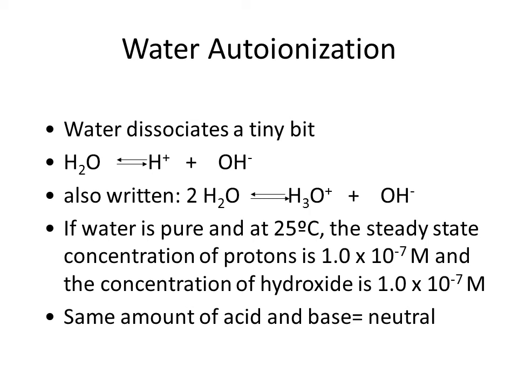But there is a steady state concentration of protons of 1 × 10⁻⁷. Because one hydroxide is made for every one proton that is formed, the concentration of hydroxide is also 1 × 10⁻⁷ molar. The concentrations of protons and hydroxide are the same in pure water, and so it is neutral. It is neither an acid nor a base, because the concentrations of those two are the same.